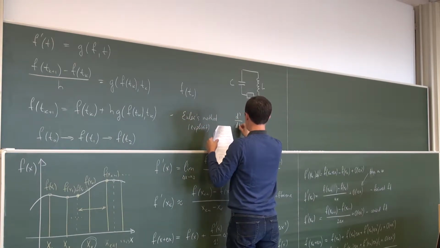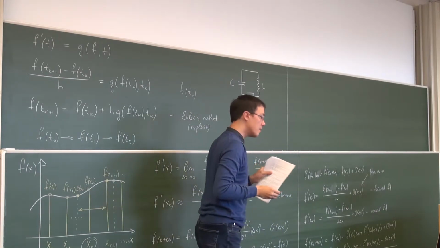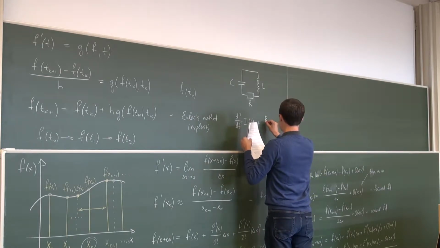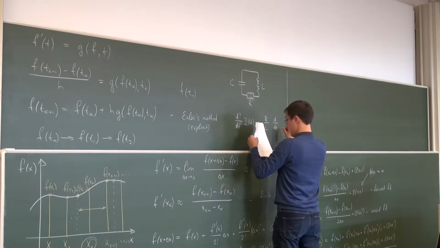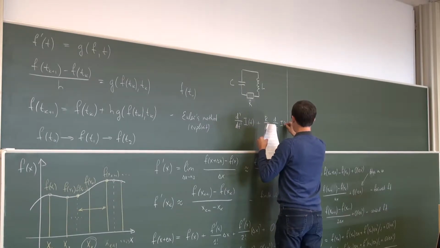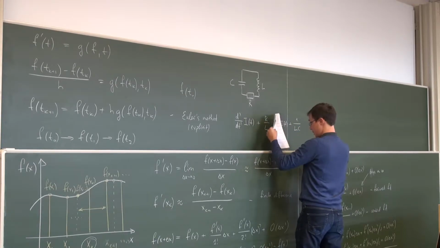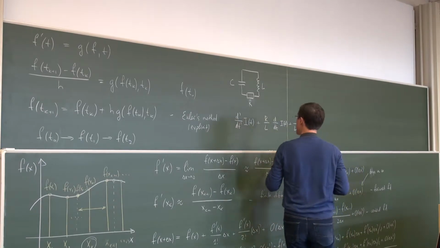d2 by dt squared I of t, so second derivative of the current, plus resistance over inductance, d by dt of the current, plus 1 over inductance times capacitance times the current, equals 0.